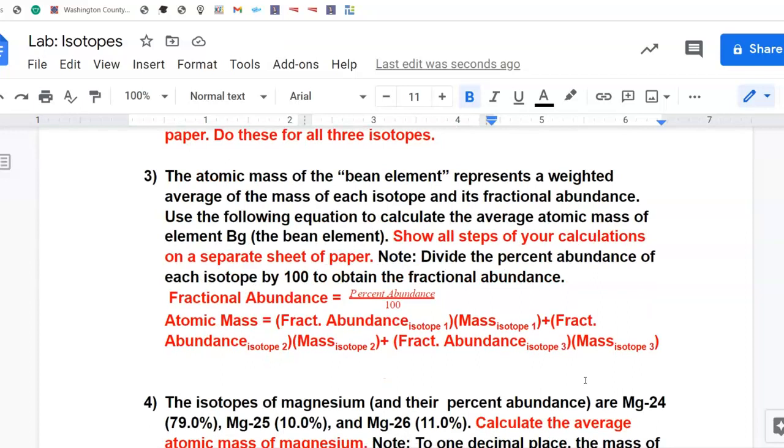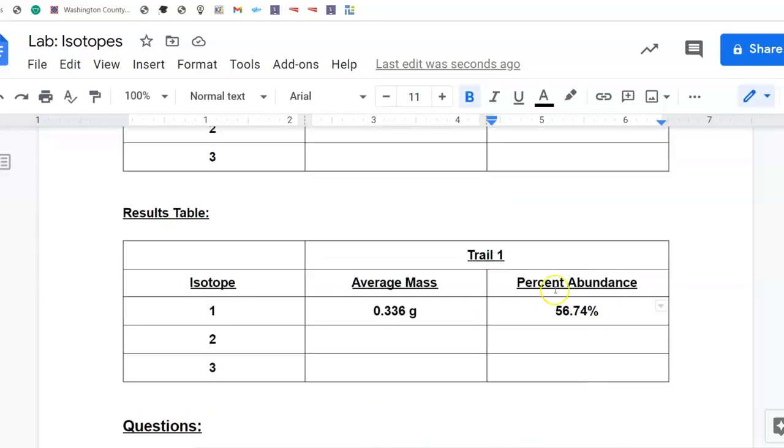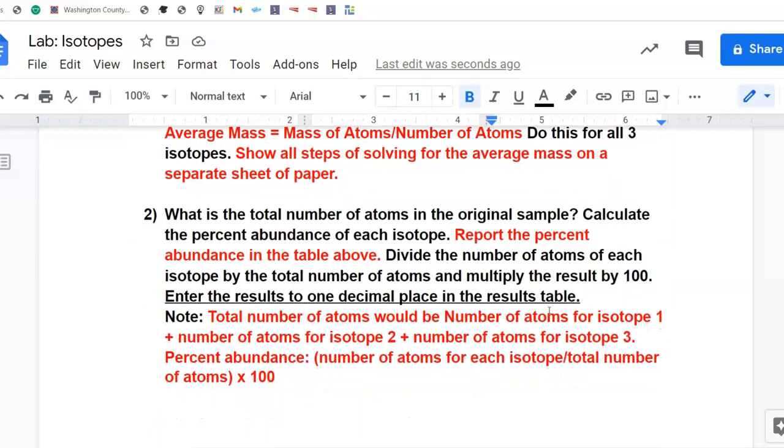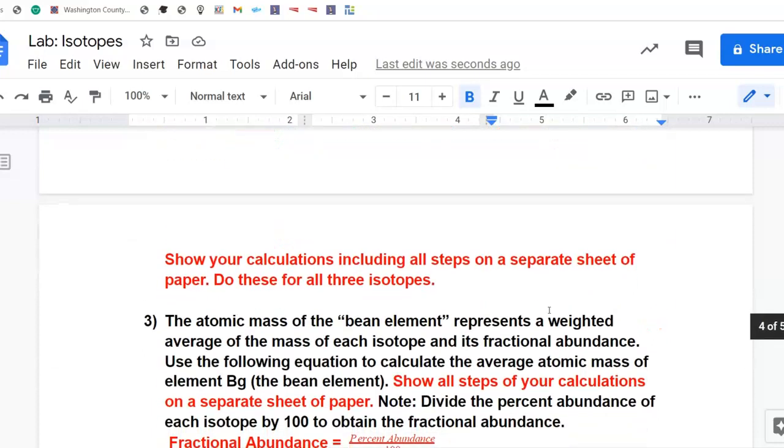Then to find the atomic mass, or the average atomic mass, of the bean element, you would take your percent abundance and turn it into the fractional abundance. You take this number here and either move your decimal 2 places to the left or divide by 100, whichever way works best for you.